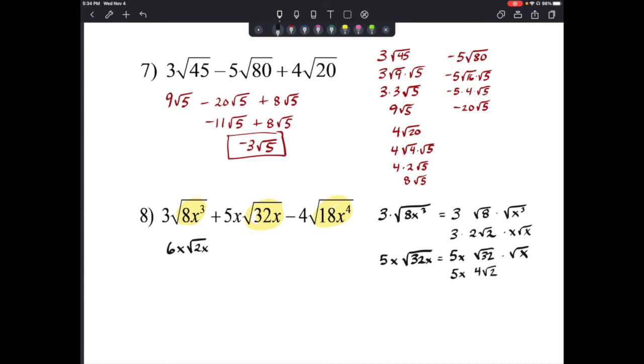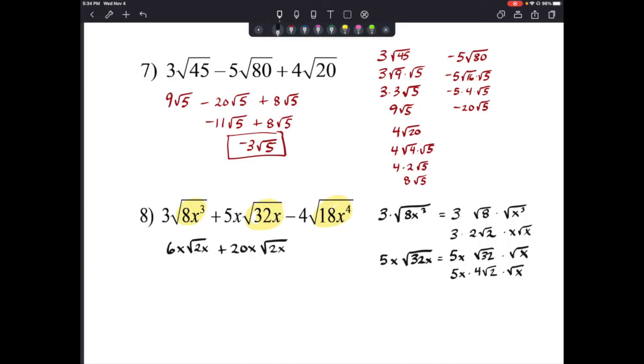Okay, you know how to do those. I'm not showing all the steps on that because I know you get tired of watching me do every single step. So I already did it, but when you do your work, you should end up with that. So when we put all this together, 5x times 4 is going to be 20x. And then we're going to have times the square root of 2x.